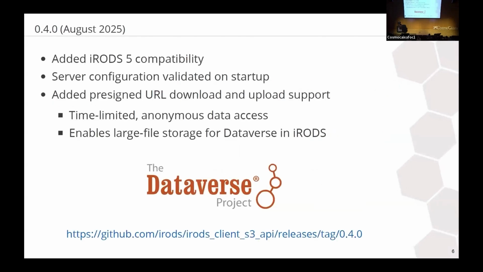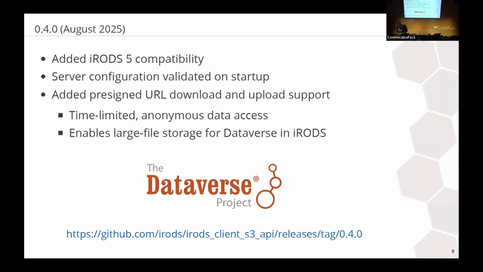All right, so here is a slide about the 0.4.0 release, which was in August of 2025. This added iRODS 5 compatibility as well as server configuration validation on startup. I guess the meaty part of this release was the ability to use pre-signed URLs for downloading and uploading data.